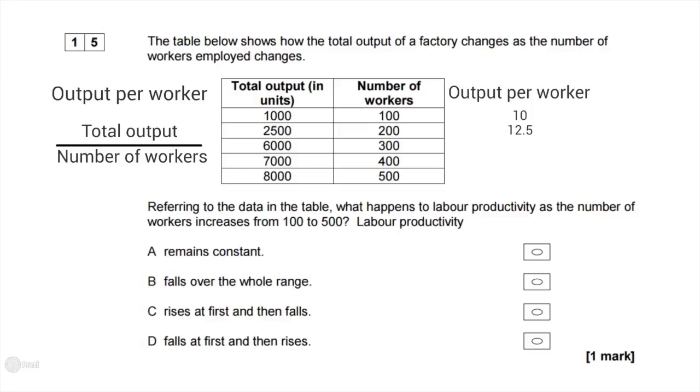So we do 6,000, which is our total output, divided by 300, which gives us an output per worker of 20. We do this for 400 workers, which is 17.5 output per worker, and 500 workers, which is an output per worker of 16. So we see that it rises as we move from 100 workers to 300 workers, and then falls when we move from 300 workers to 400 and 500 workers. So the answer is C. Labour productivity rises at first and then it falls.